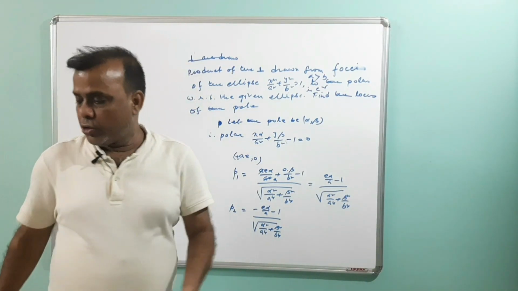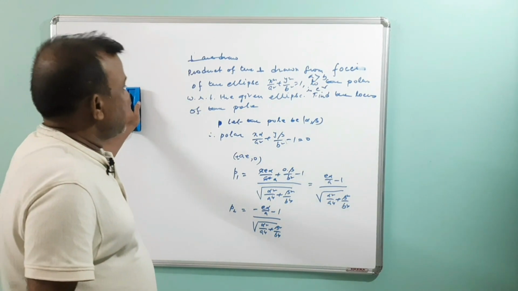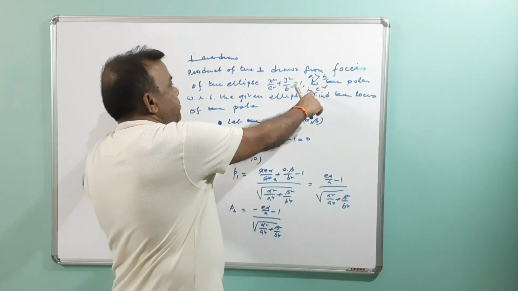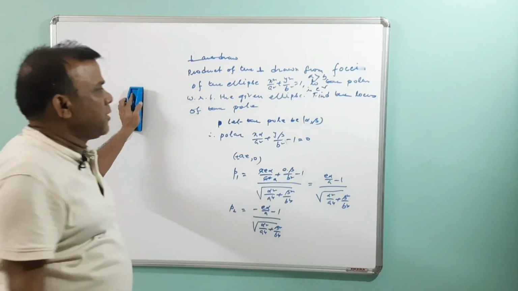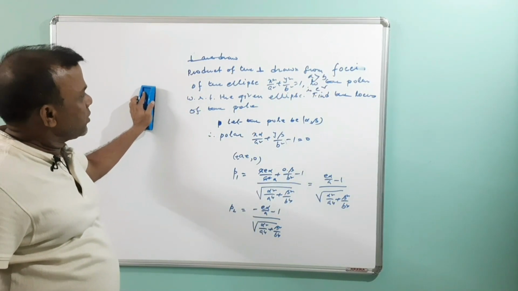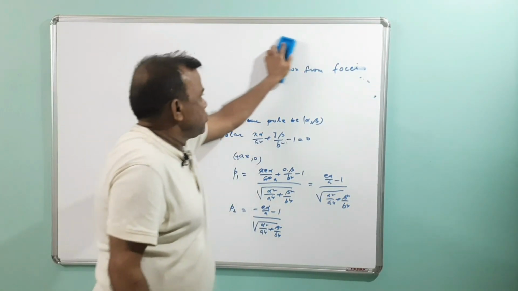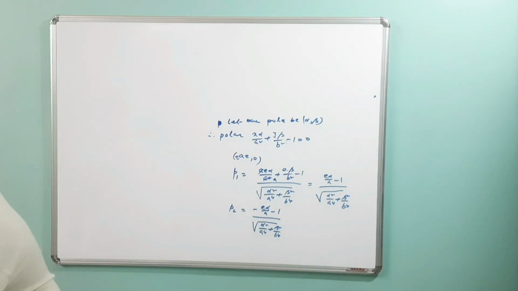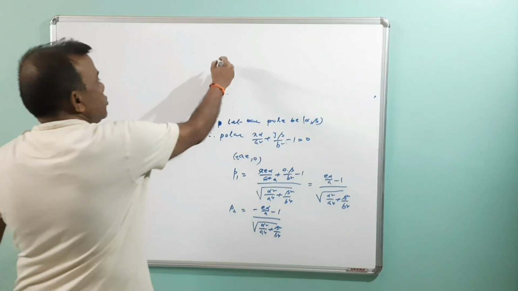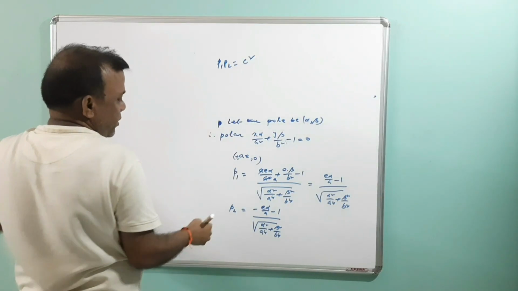As the product of these two perpendiculars, length of the perpendicular drawn from foci to the polar, is c square, which is given, p1 into p2 is given c square.